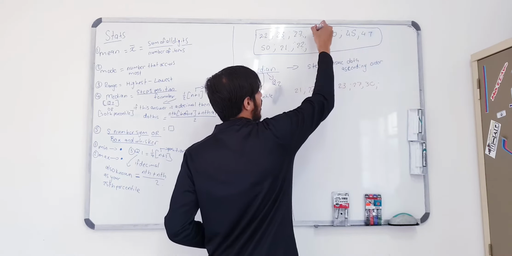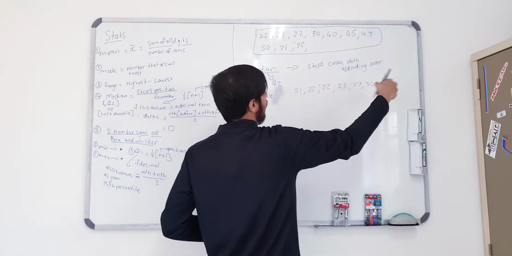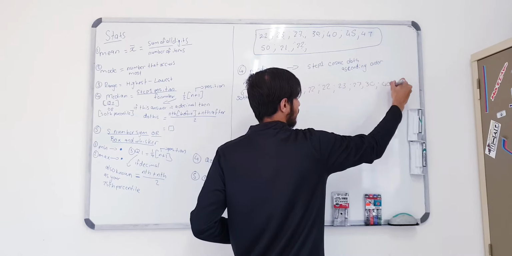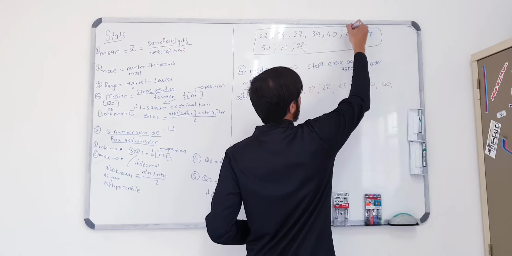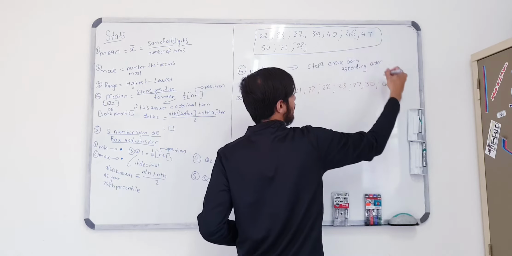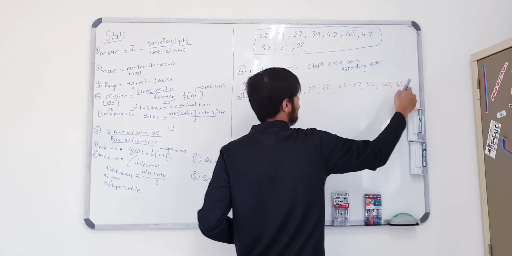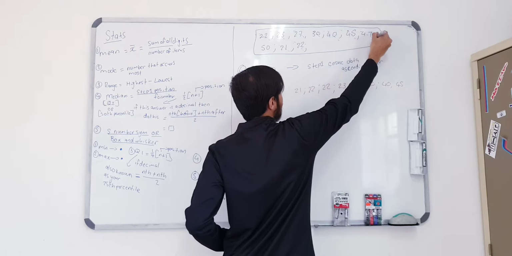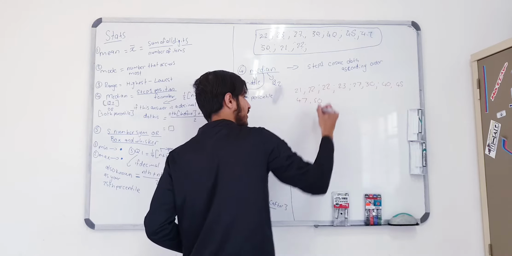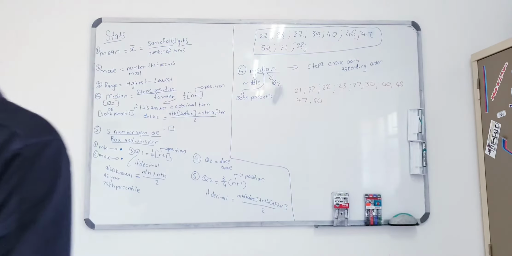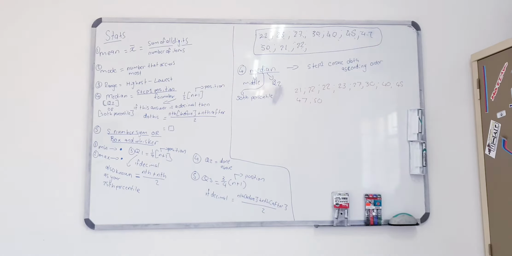Right? Then I got no 31s, went all the way to 40. Right? Then I got a 45. So I've taken down my 40 and my 45. Can you see? Then I've got a 47 and a 50. So 47 and 50. Lovely. So now I put my data in ascending order. Right, can you all see that quite clearly there?